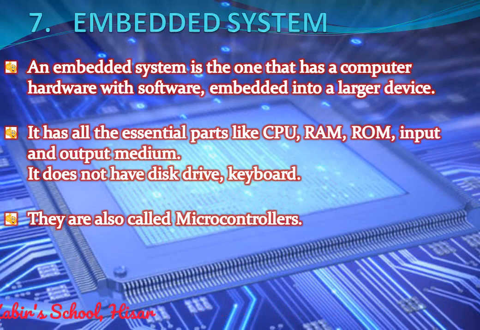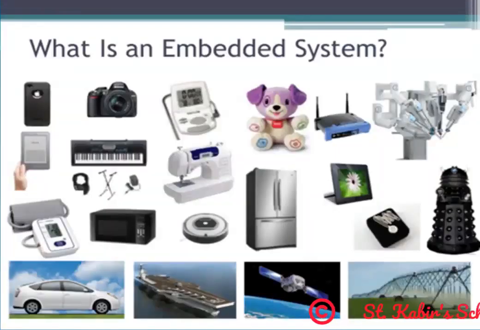No. And like a computer, can we use a microwave for doing different tasks, like for listening to music, for drawing, for performing calculations? No. So this embedded system you can use for a specific task. You cannot use a single embedded system to perform all the tasks. Now these are the examples of embedded system.